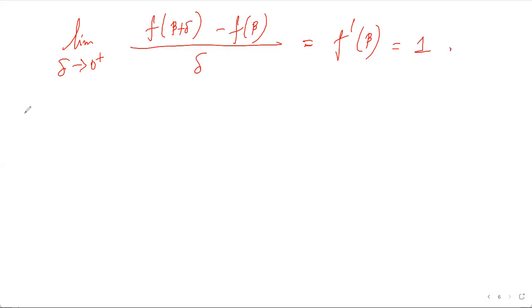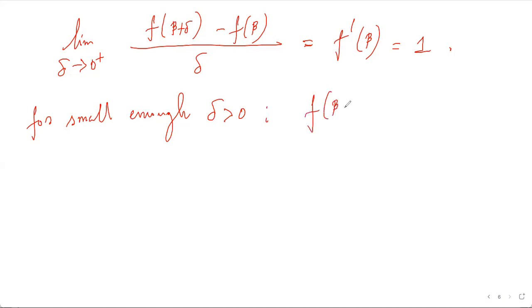Now since this is equal to 1 and delta is positive, for small enough delta greater than 0, we will have that f of beta plus delta is greater than f of beta, and f of beta is equal to beta.